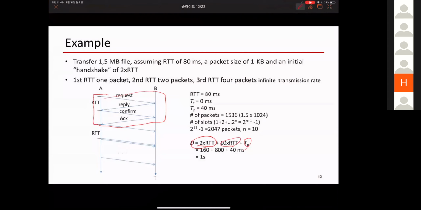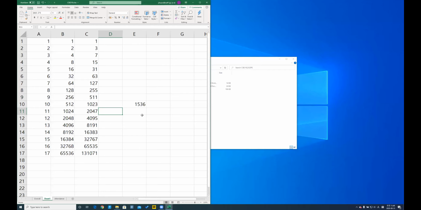Which one? If we go back to the Excel. Okay, back to the Excel. Did you say we end up with the 10 because we need 1536 bits, right? But when we end up with the 10, we get 1535, isn't it?